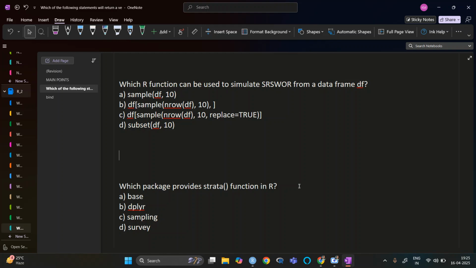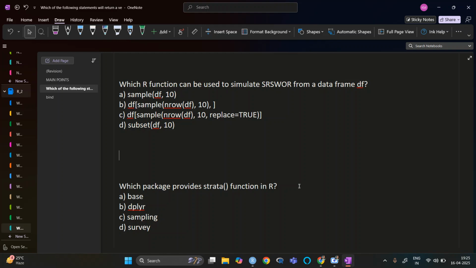Which R function can be used to simulate SRSWR data? Sample DF 10. This one will give you only once, right, from a data frame?